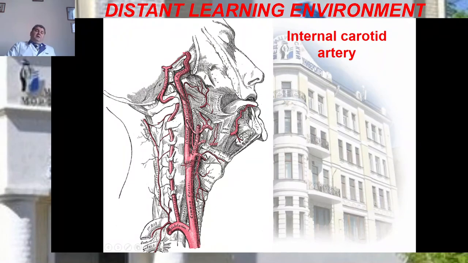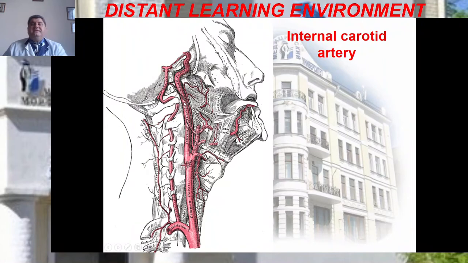Also on this picture you may see the second main artery, which passes to the cranial cavity and gives branches for the brain. You may see two main arteries for blood supply of the brain: the internal carotid artery and the vertebral artery.